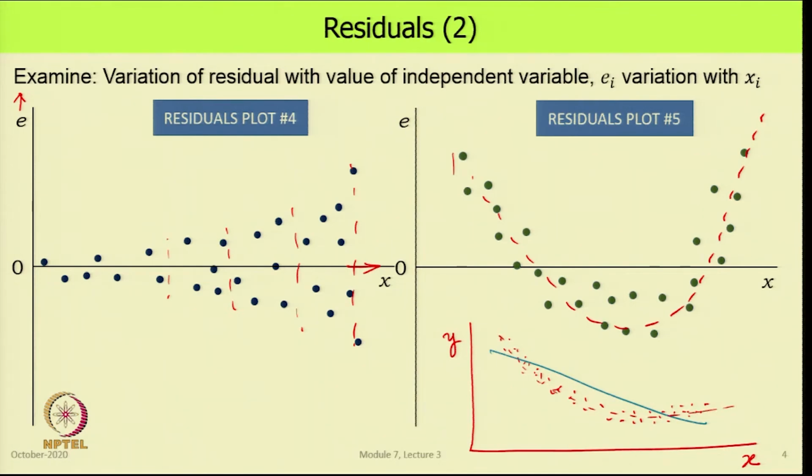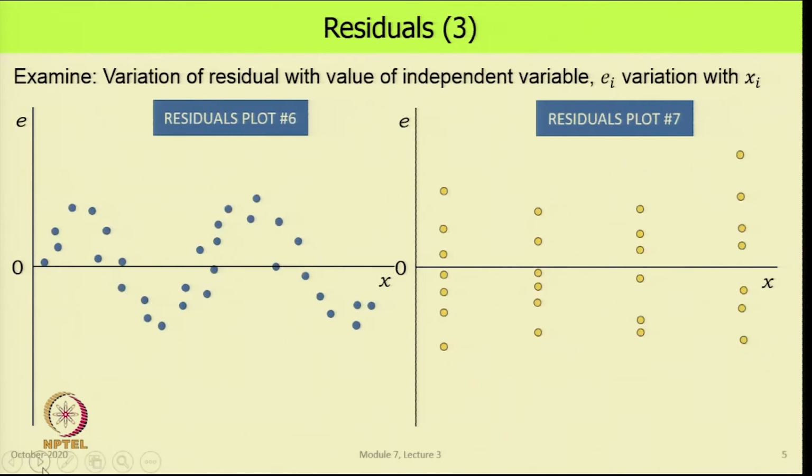So, this is another example. Here is yet another example, where the residuals seem to follow a trend, something like a periodic trend like this. So, this tells you that the raw data itself had some trend, and fitting a linear regression to it was not a good idea.